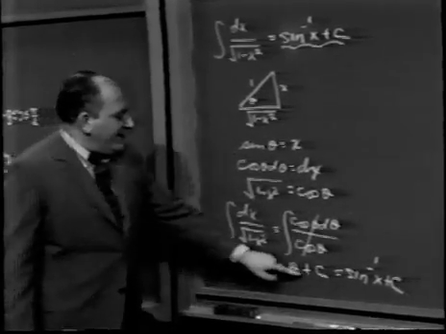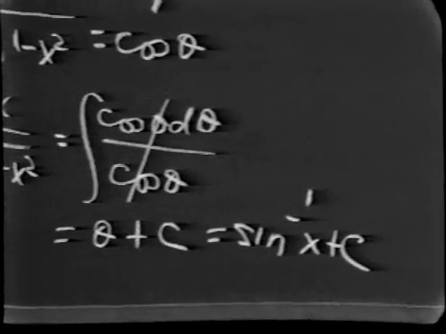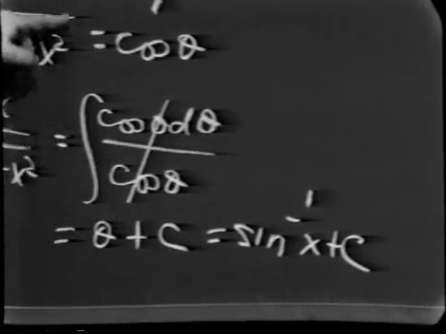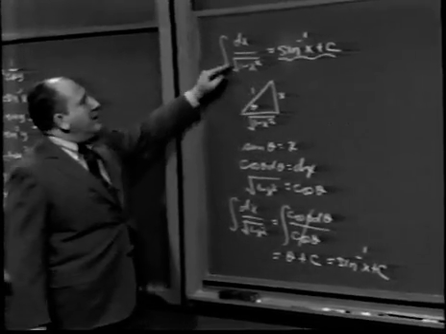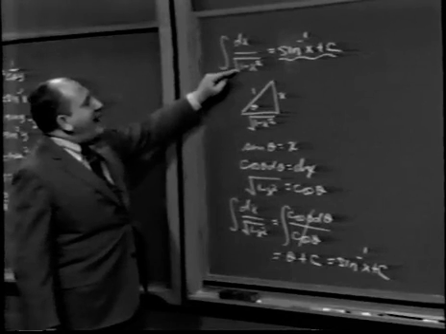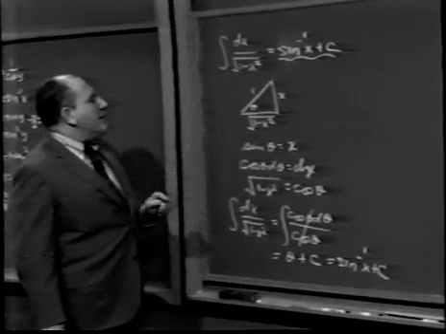And notice how the trigonometry comes in and helps us to solve a particular problem, a problem that might not have seemed that obvious if we hadn't used the trigonometry.